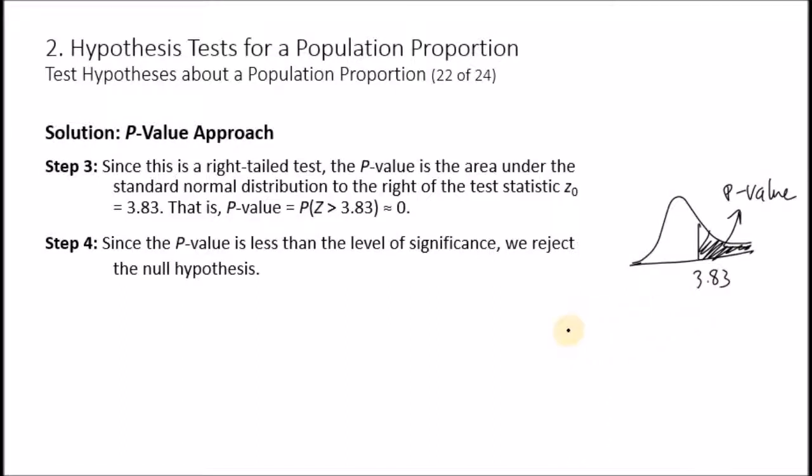To compute that region, we're going to say 1 minus norm.s.dist of 3.83, comma true. It is going to be so low that we're going to round it to 0. If you compare the p-value to alpha, we notice that the p-value is less than alpha, and as a result, we're going to reject the null hypothesis.